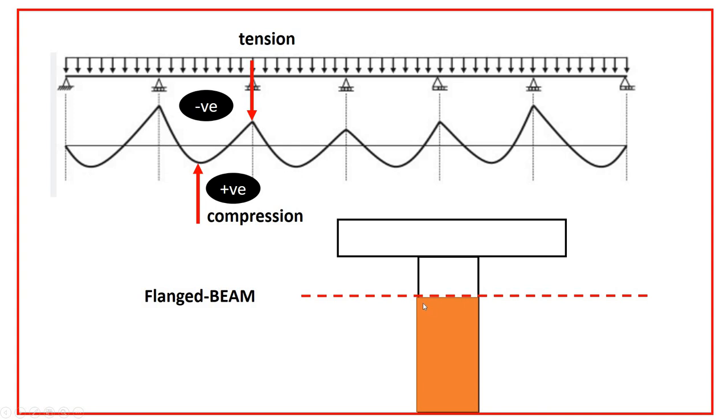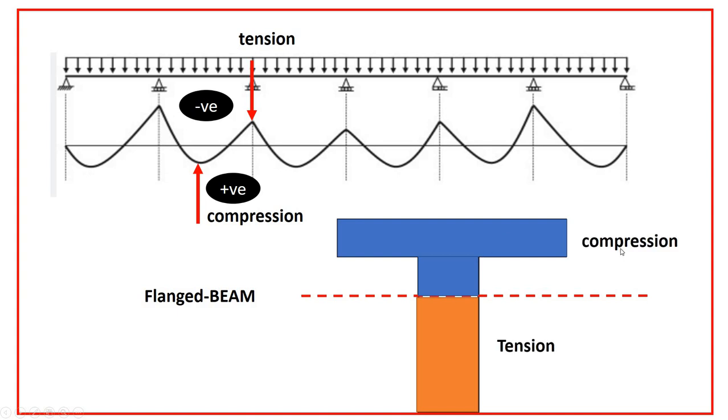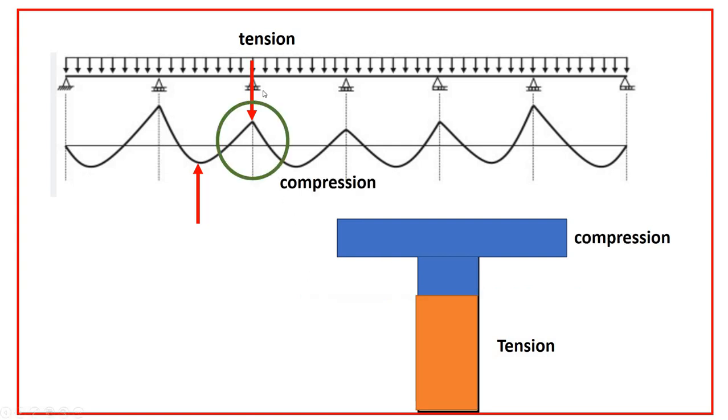Same way for this beam, this part is under tension, and this part is under compression, right? So in the case of flange beam, slab also takes part in resisting compression. Now let us see what happens at support.